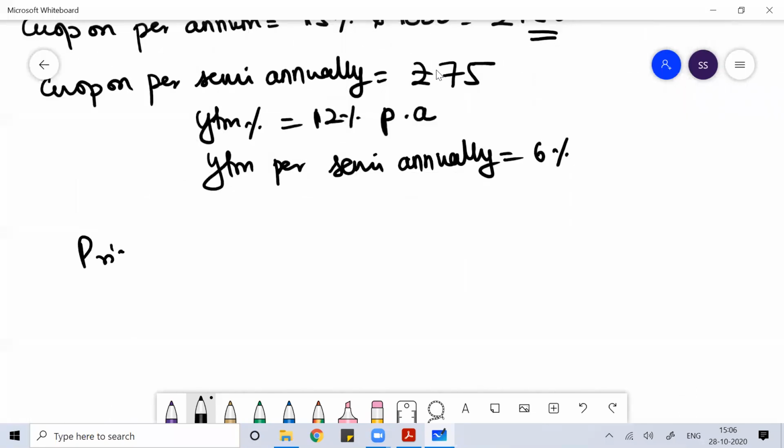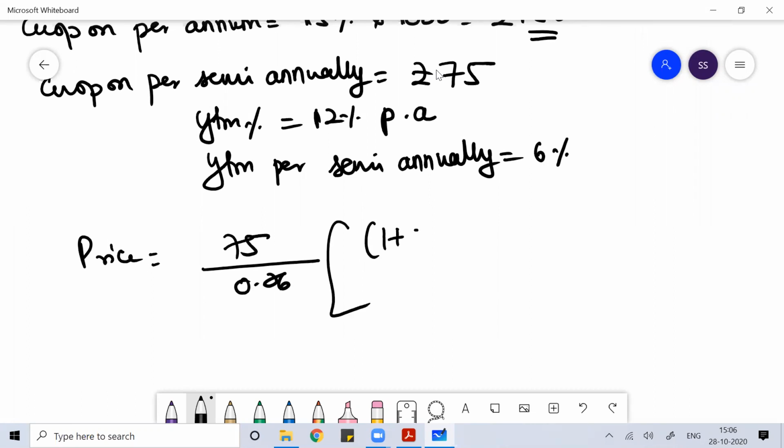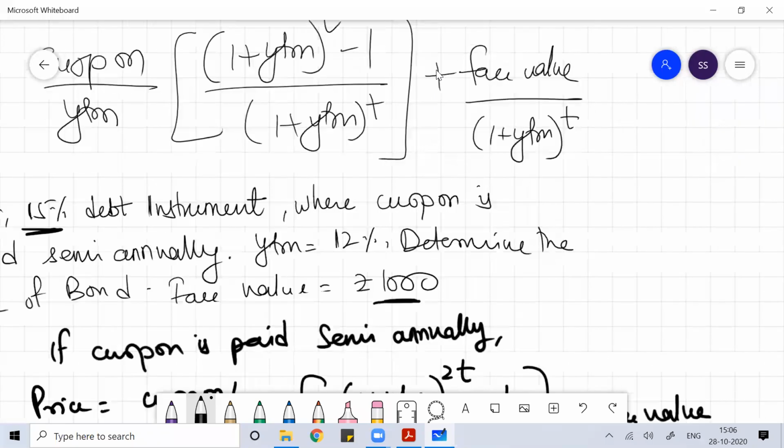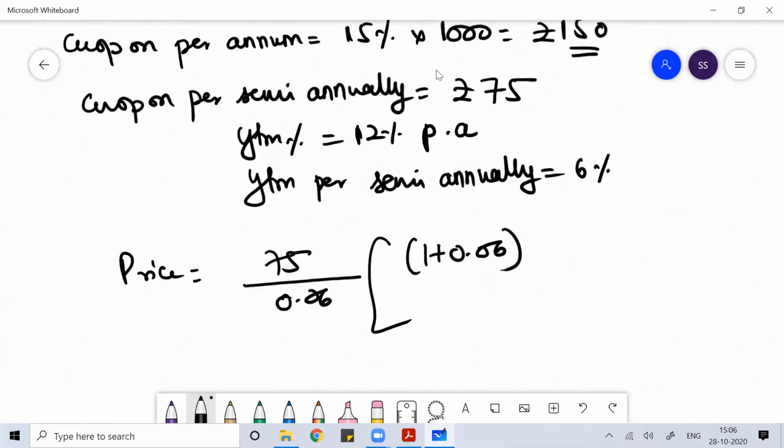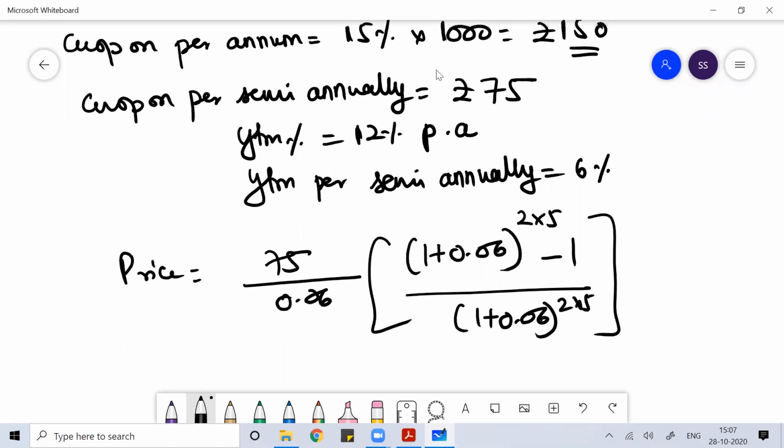So the price of the bond will be equal to 75 divided by YTM, which is 6%, into 1 plus 6% to the power time. Time is given to you, 5 years. So the time would be 2 into 5, minus 1, divided by 1 plus 6% to the power 2 into 5, plus 1000 divided by 1 plus 6% to the power 2 into 5.